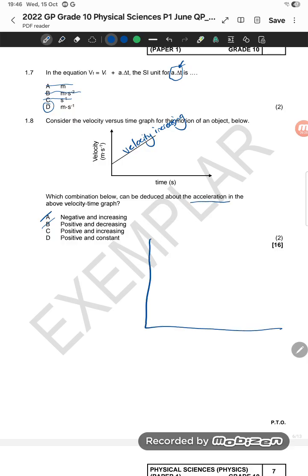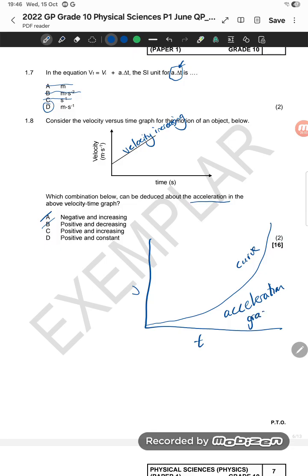And you say, but why is that so? If I've got a curve on a velocity time graph, my acceleration is increasing.